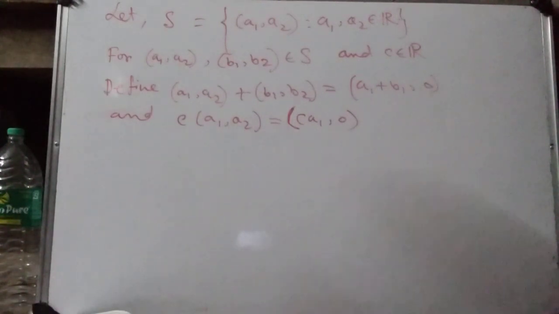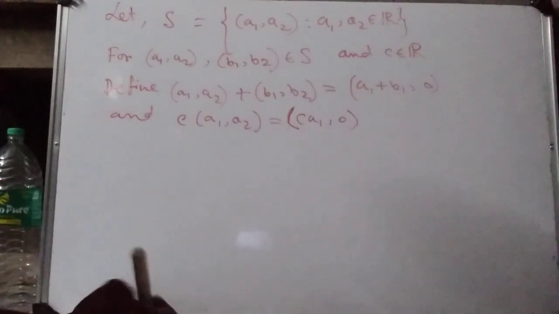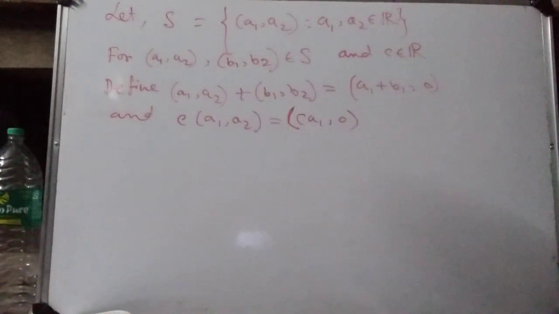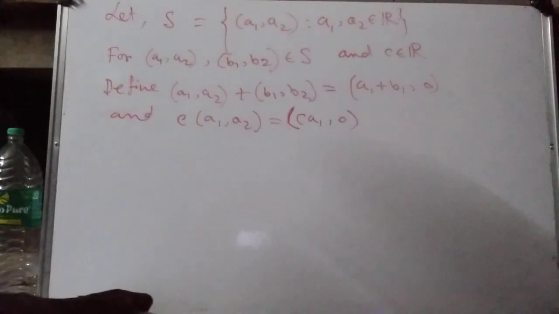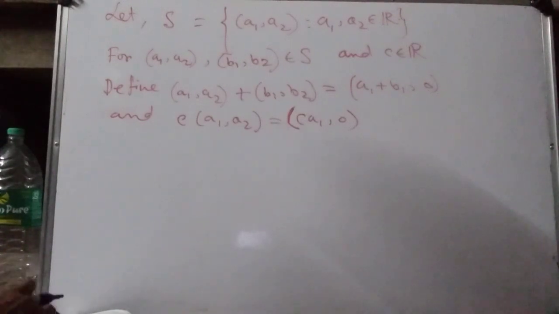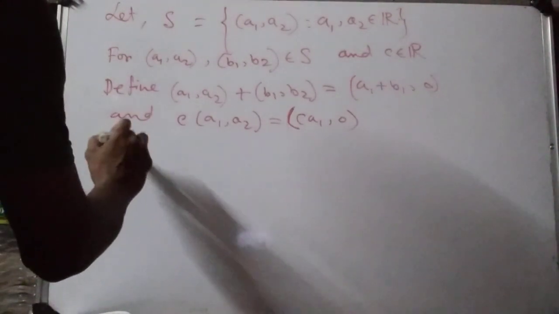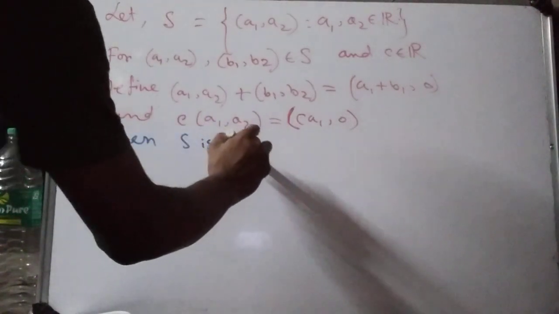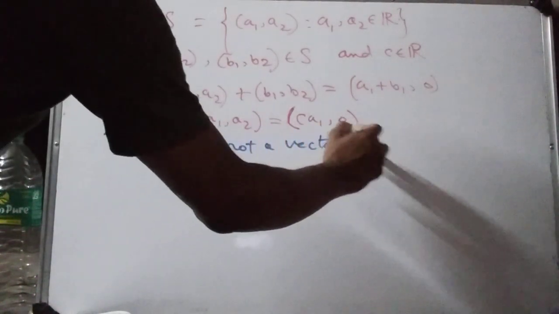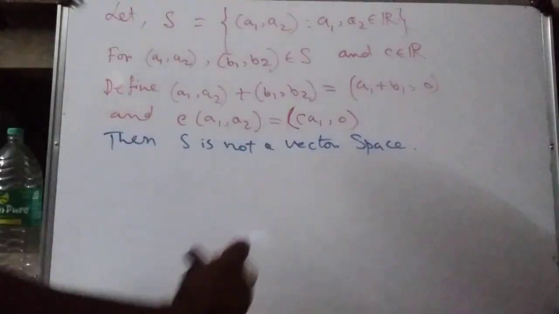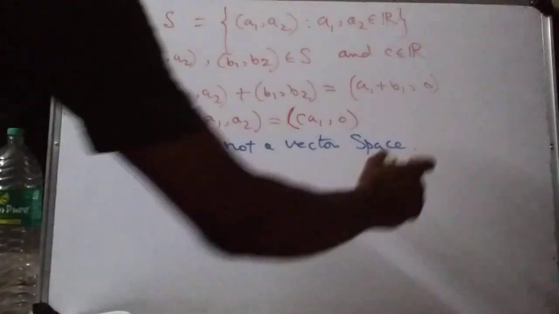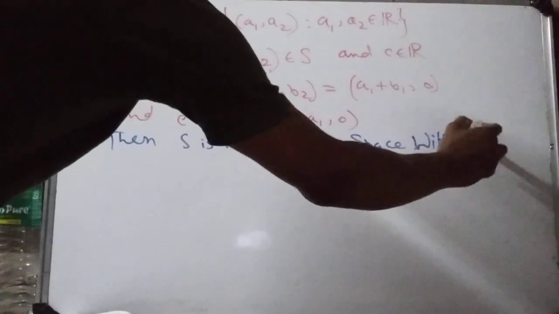So what happened here? We also talk about that now. This one is not a vector space, and why it is not a vector space we also discuss today. Then S is not a vector space with these operations.